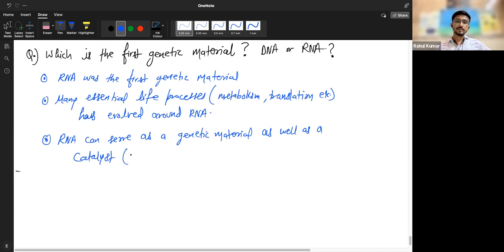Such RNAs are called ribozymes. An enzyme which is an RNA is called a ribozyme. There are two words: ribonucleic acid and enzyme. So a ribozyme is a ribonucleic acid which is an enzyme. Okay.